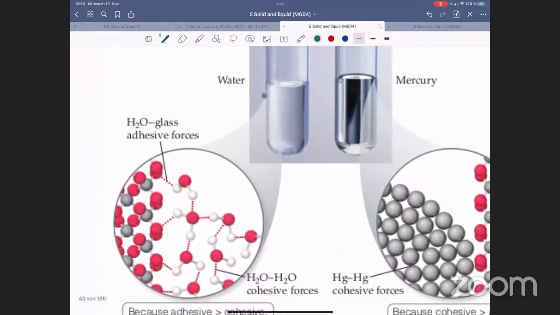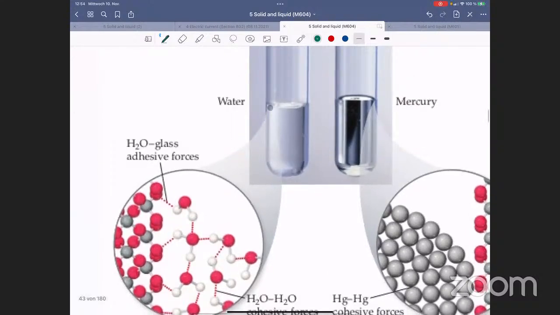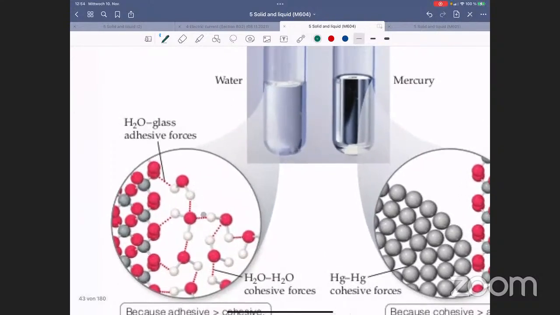If we zoom into the molecules in between the wall of this tube and the water, which is composed of H2O, right? The red one is H atom, and the white ones, 2 whites here, are the oxygen atoms, right? And the red one and the gray one represent the glass molecules or glass atoms.